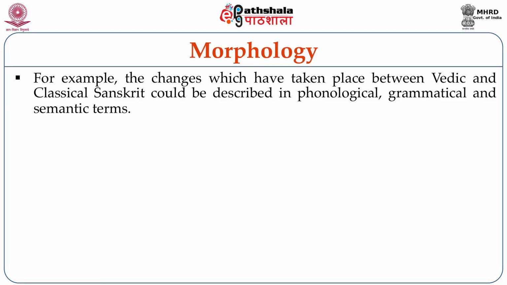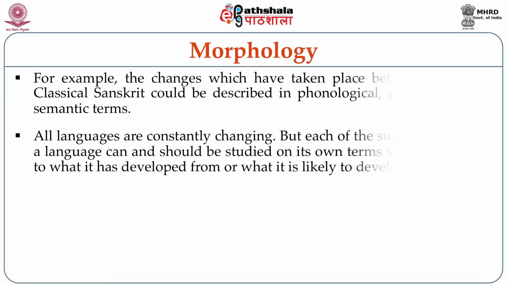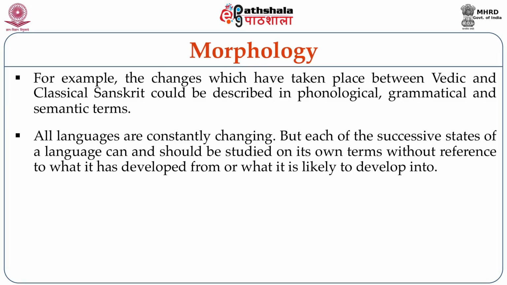The later modules will discuss this. All languages are constantly changing, but each of the successive states of a language can and should be studied on its own terms without reference to what it has developed from or what it is likely to develop into.